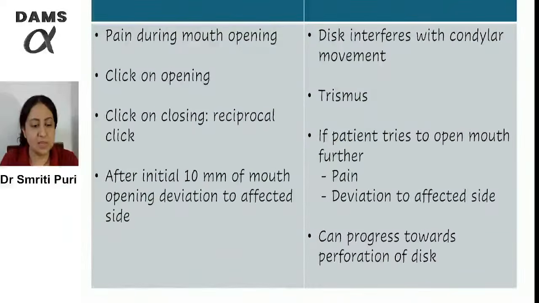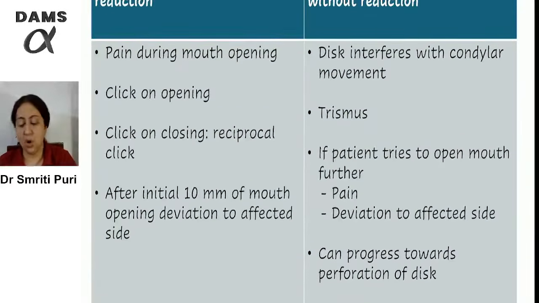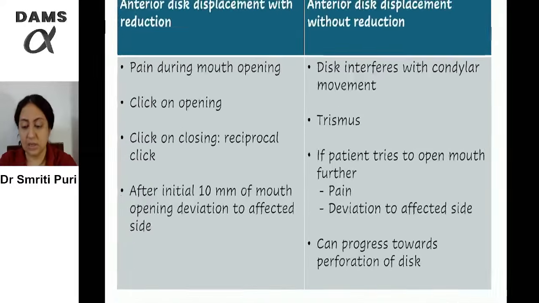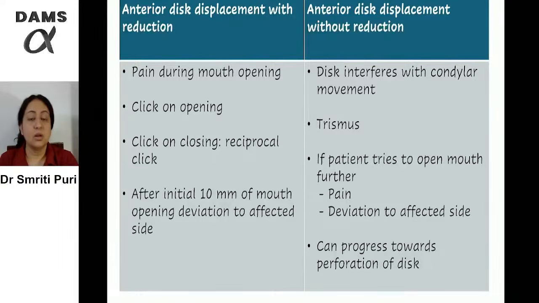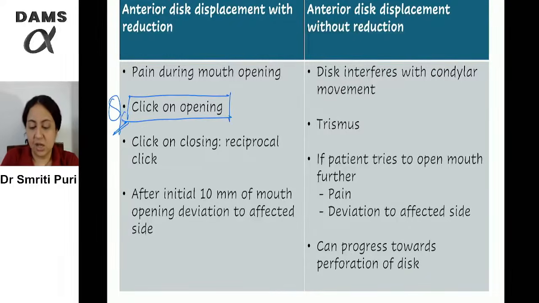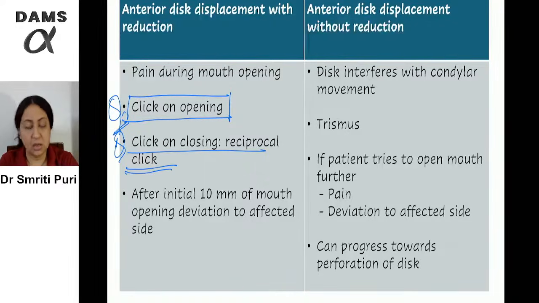Now, I have given this table previously also in my sessions, so I'll give this again. The basic difference between disc displacement with reduction and disc displacement without reduction. In disc displacement with reduction, the very specific feature is a click on opening and a click on closing, that is a reciprocal click.